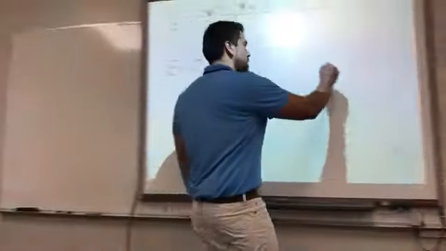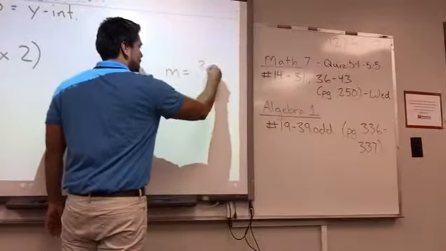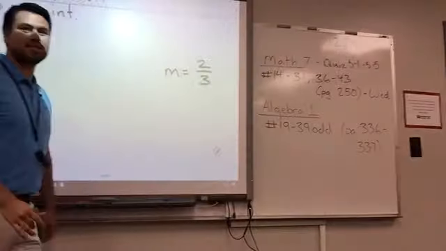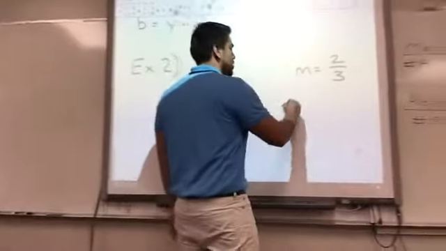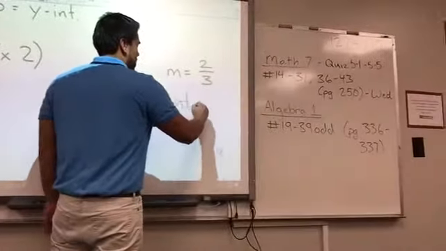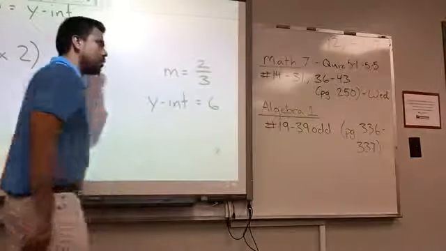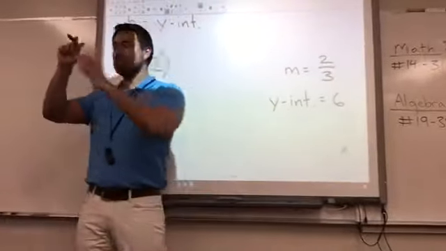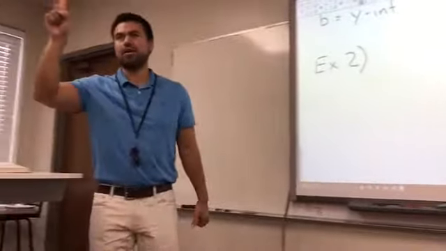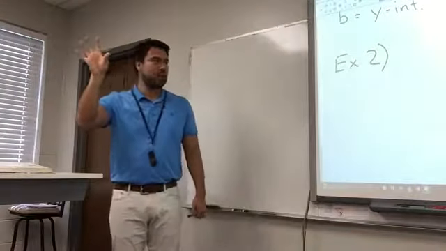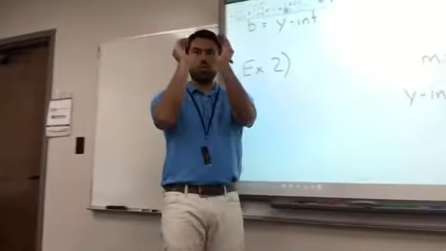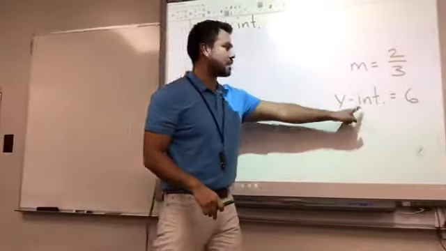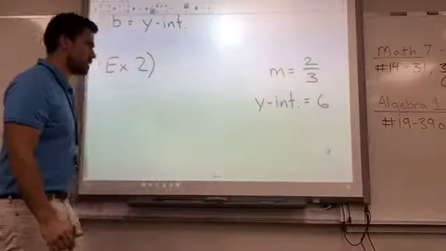So what's the slope in that problem? Yes, 2/3. What's the y-intercept? They say it's 6. By the way, you can see the y-intercept as one single number, positive or negative, or as an ordered pair. Either way, that's where it crosses the y-axis, at positive 6.